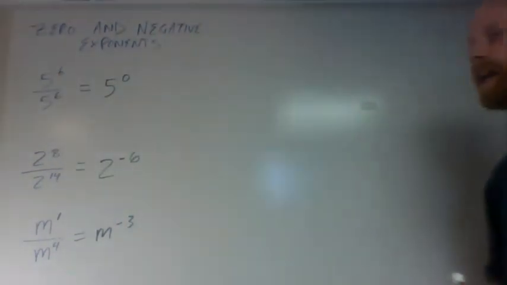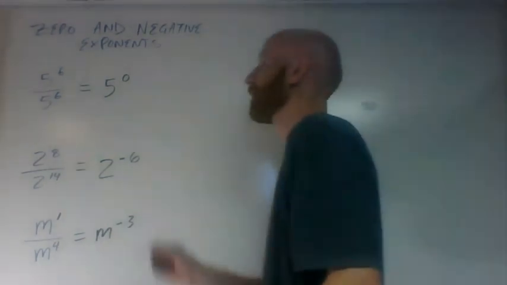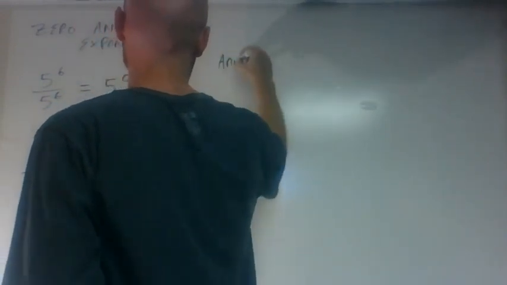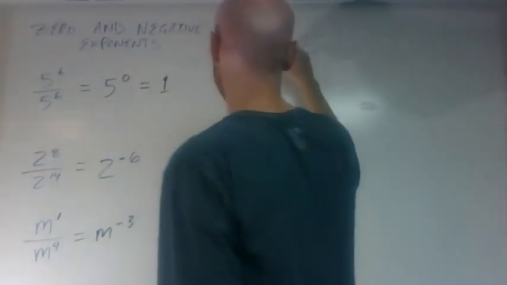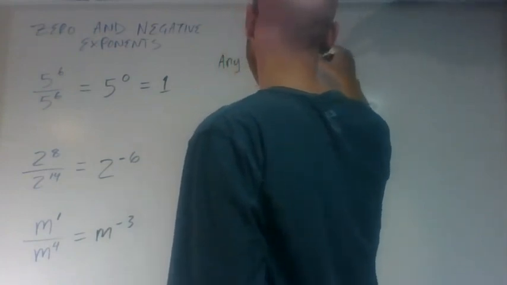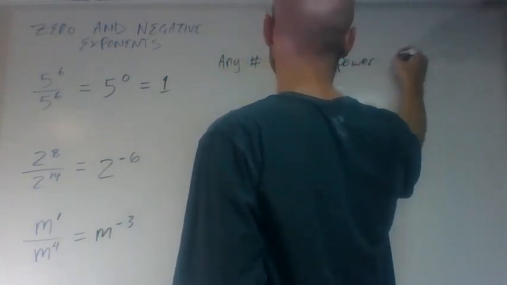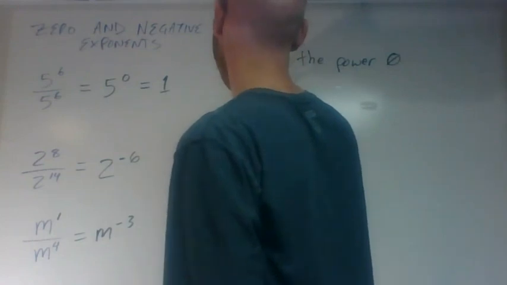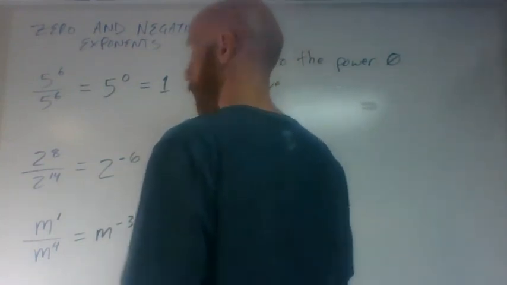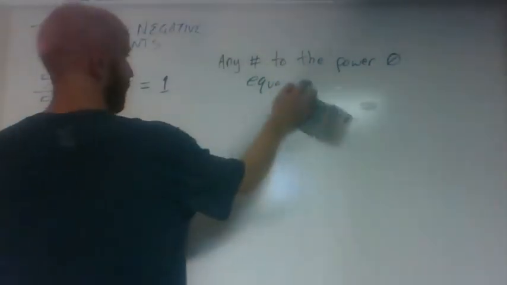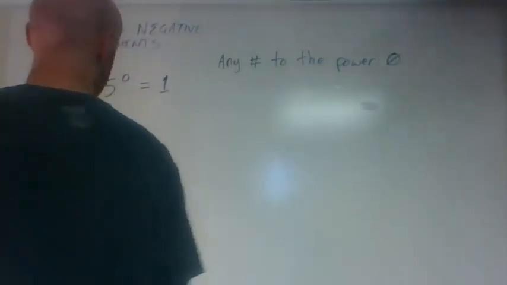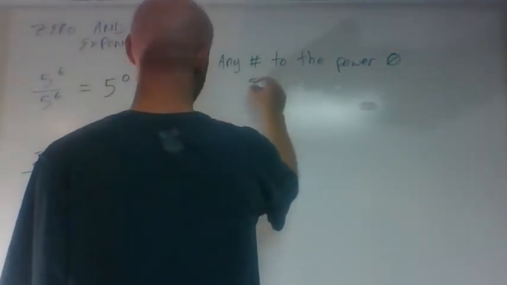And what do we get when we divide a number by itself? We get 1. Okay, so by definition, any number to the power 0 equals 1. Simplifies to 1. Any number to the power 0 simplifies to 1.